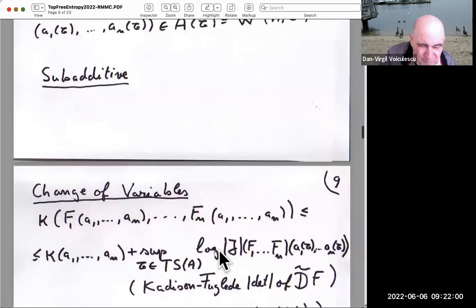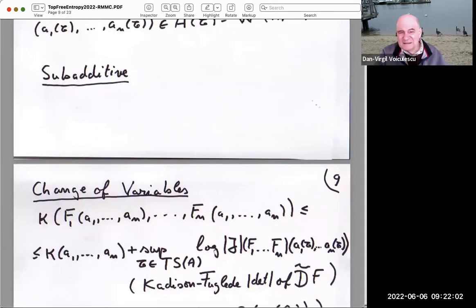For the change of variable, the situation is one has something which is better. Instead of the norm of this Jacobian delta twiddle f, one has the logarithm of the Kadison-Fuglede determinant of this Jacobian. So this delta twiddle f is an n by n matrix with entries in A tensor A opposite.